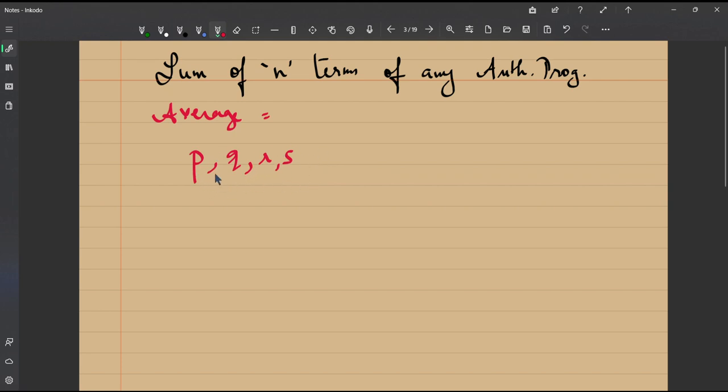We just add all the numbers in the data given to us, we sum all the terms and divide it by the number of terms. Let me call it n. So this is the average value of any data which is given to us.